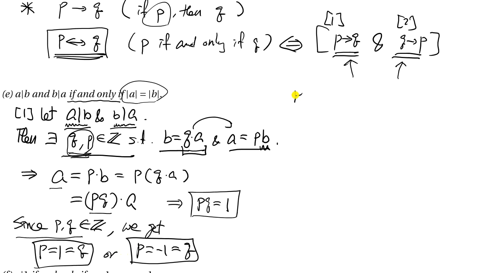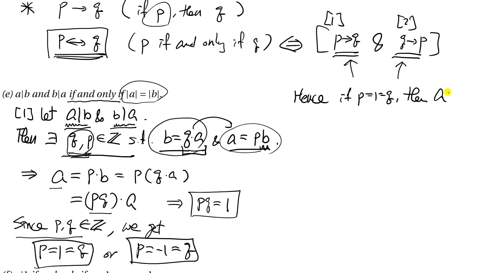Hence, in the first case, if P and Q are 1s, then looking at those together, we have A equals B. And if P and Q are negative 1s, then A equals negative B and B equals negative A at the same time.